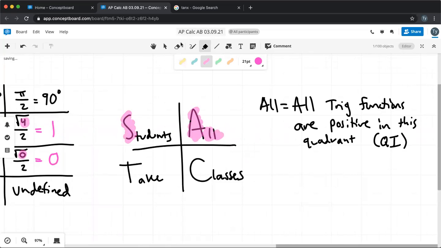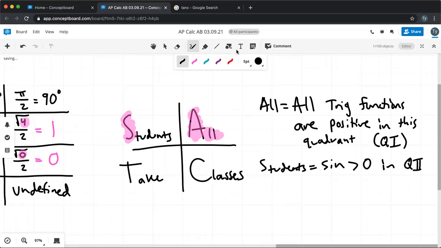Students, S, means sine is positive in this quadrant, Q2. Take starts with a T, so we have tangent is positive in Q3, the quadrant that take is located in.